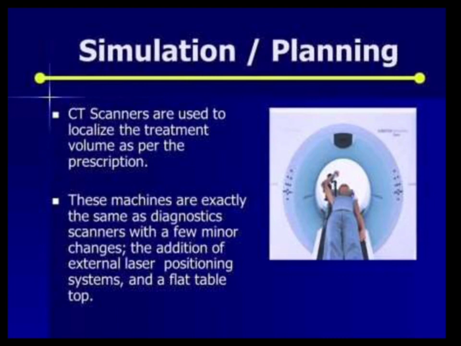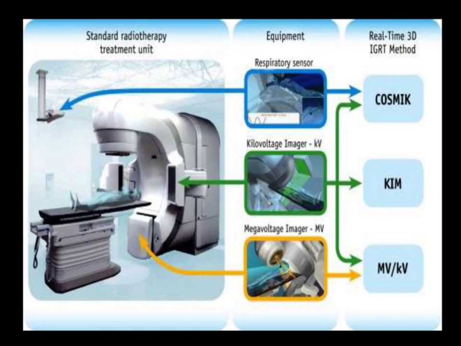This is very useful in identifying the best gantry angle, collimator angle, and couch angle at the time of radiation. So a beam's eye view gives a very good idea about the angle of the beams and the width and depth of the beams.